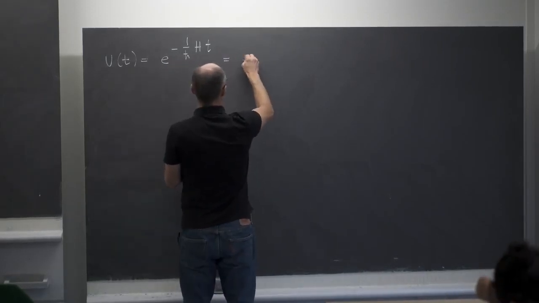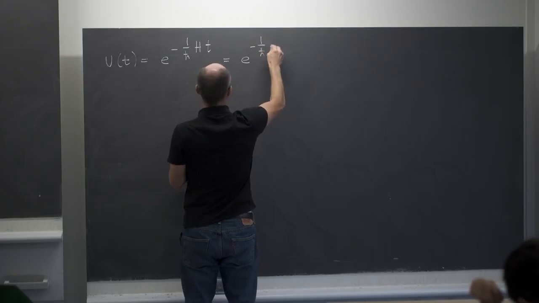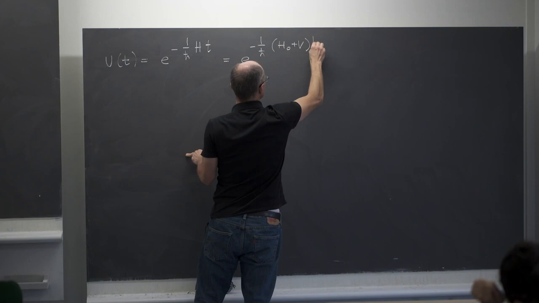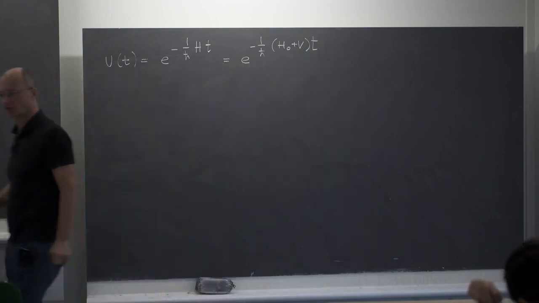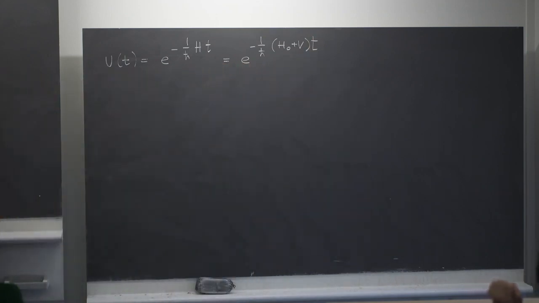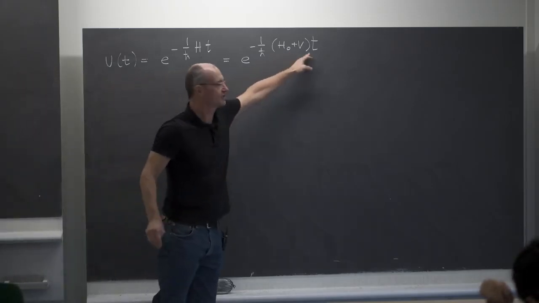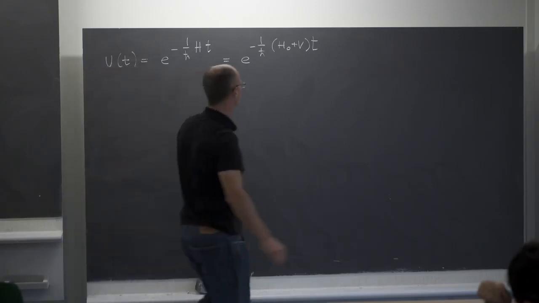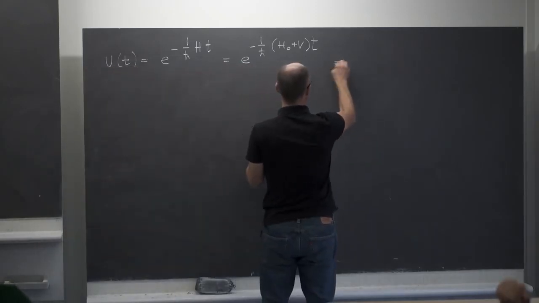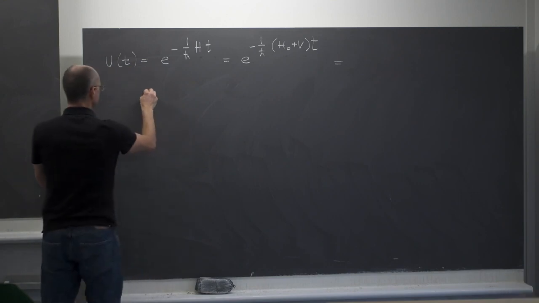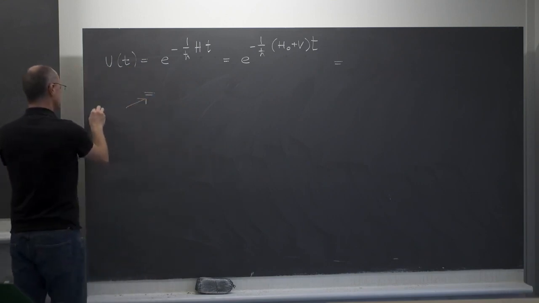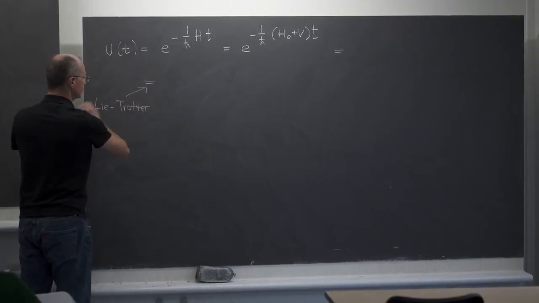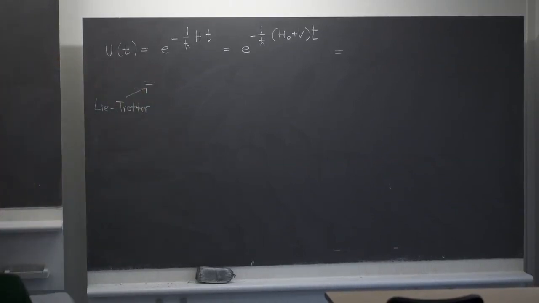And let me rewrite it one more time. Now both operators H naught and V are self-adjoint and bounded from below. And under favorable circumstances, we can use the Lie-Trotter formula.